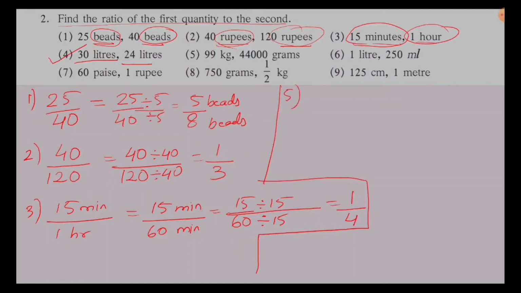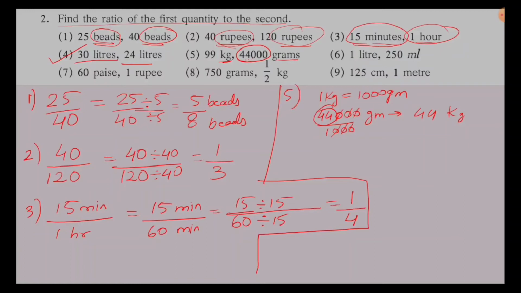Fifth sum is what? 99 kg and 44,000 grams. Now we know that 1 kg is equal to how many grams? 1000 grams. So if I have to convert 44,000 grams into kg, I have to divide it with 1000. When I divide it with 1000, it will become 44 kg.